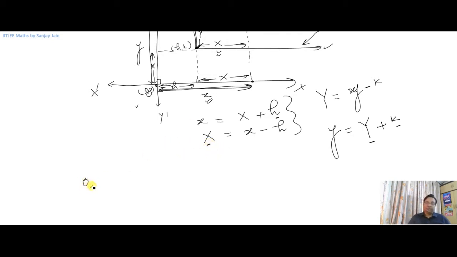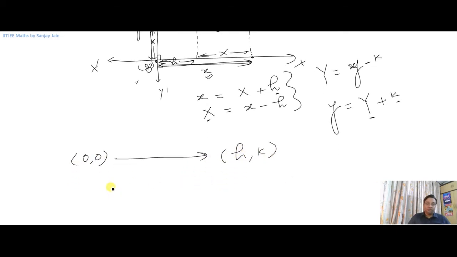If I shift the origin from 0 0 to h comma k, if in the old system a point had coordinates x comma y, in the new system this point, the same point P, let us say, let me name this point, the same point P will have coordinates x minus h comma y minus k.